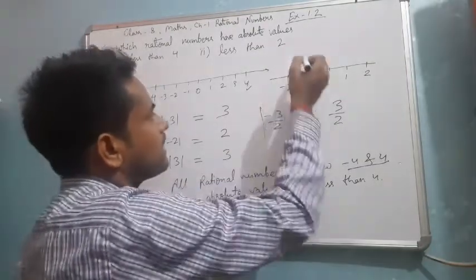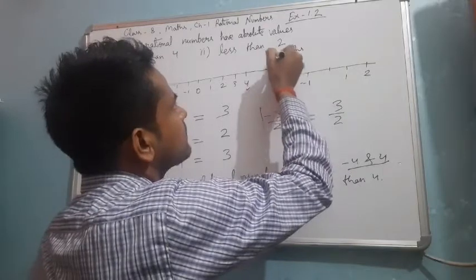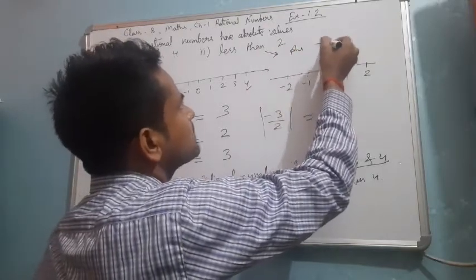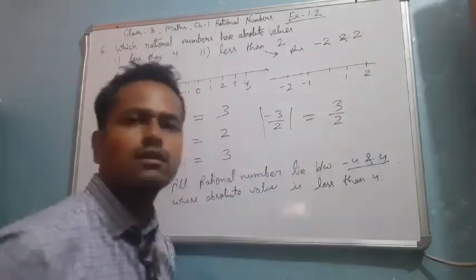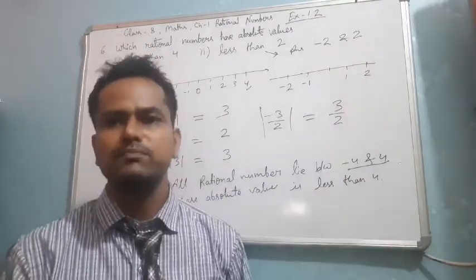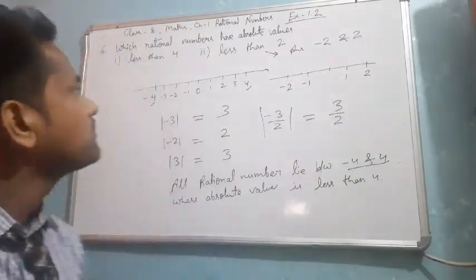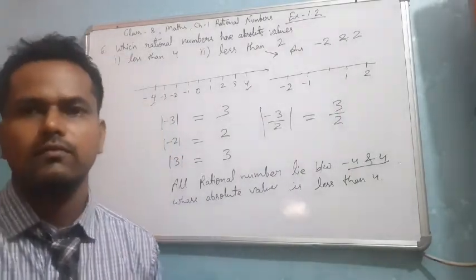So for the second question the answer will be minus 2 and 2: all rational numbers between minus 2 and 2 have absolute value less than 2. Got it? So please pause the video and note it down.